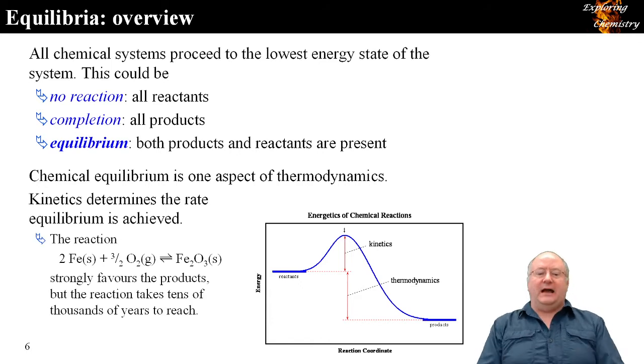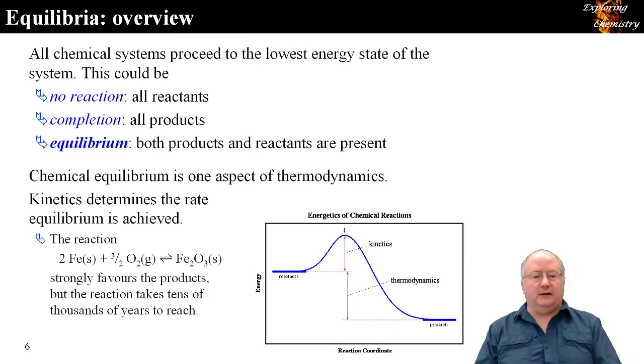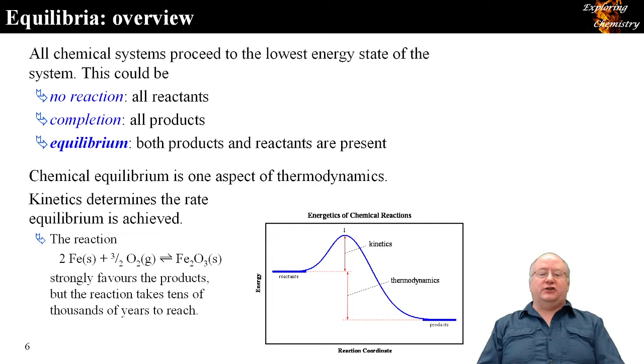So, for example, we have this reaction of iron plus oxygen going to form iron oxide, rust. The products are extremely favored. This reaction probably actually goes to completion to form all Fe2O3. But the barrier is so high that it doesn't happen spontaneously. It takes tens of thousands of years for equilibrium to be reached.